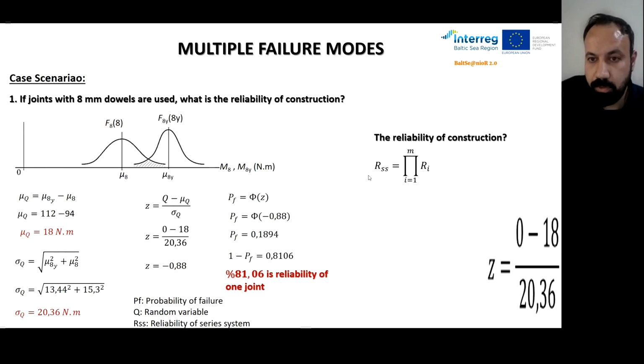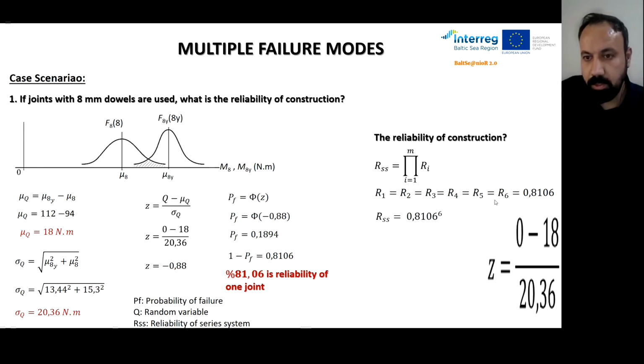So that's why I need to use this equation. RSS is the reliability of the series system. In every corner joint I found 81% as the reliability of one joint. All 6 of them have the same result, because they are the same joint based on my assumption. Based on that equation, I need to multiply each joint reliability.